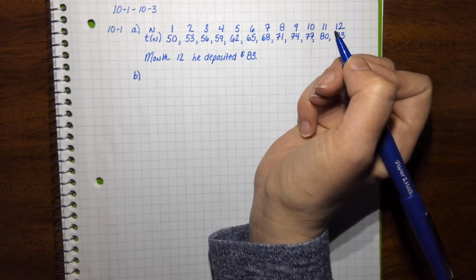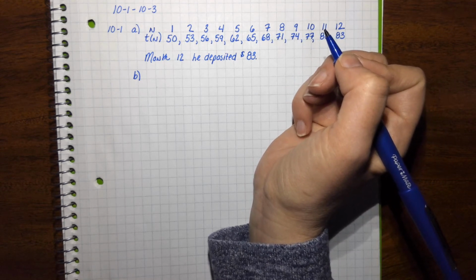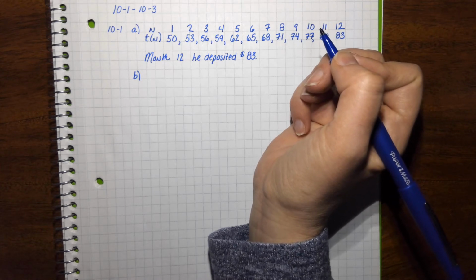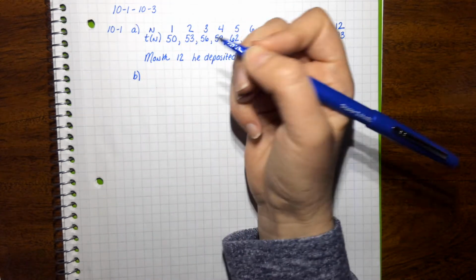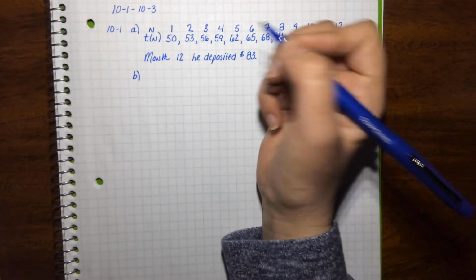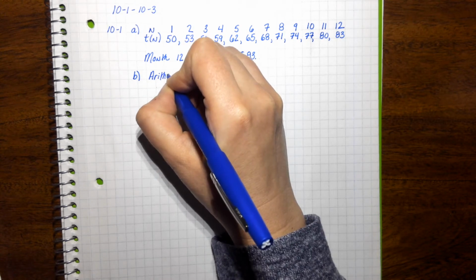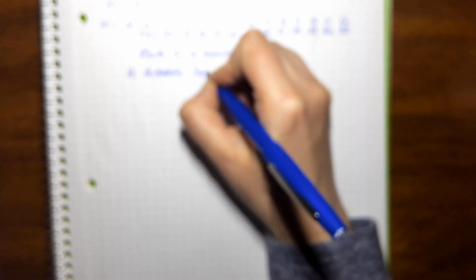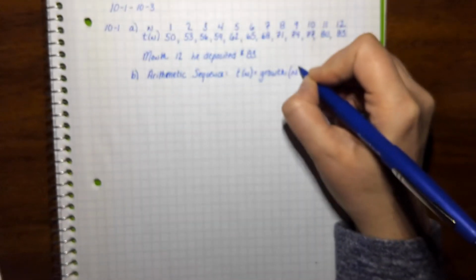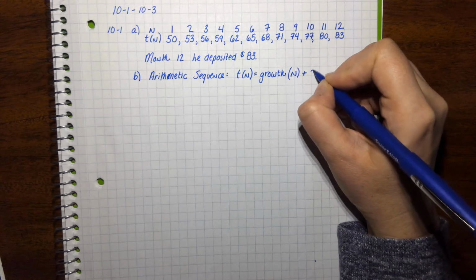To remind you guys, the equation is kind of y equals mx plus b form. Oh no, I need my whiteout already. T of n equals growth times n plus the 0th term.